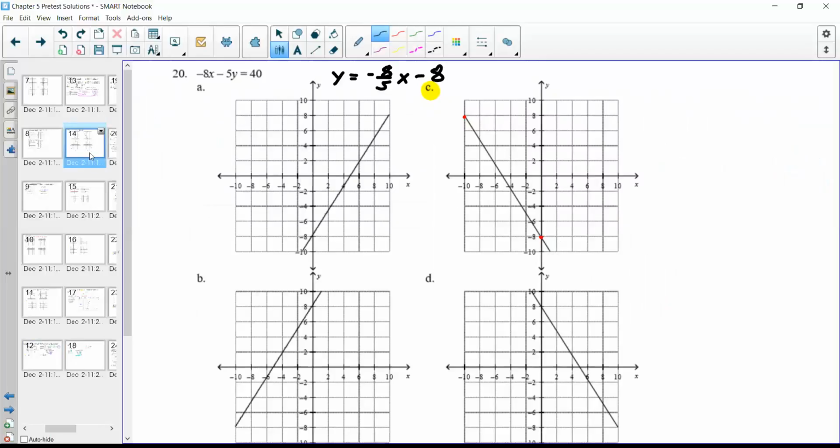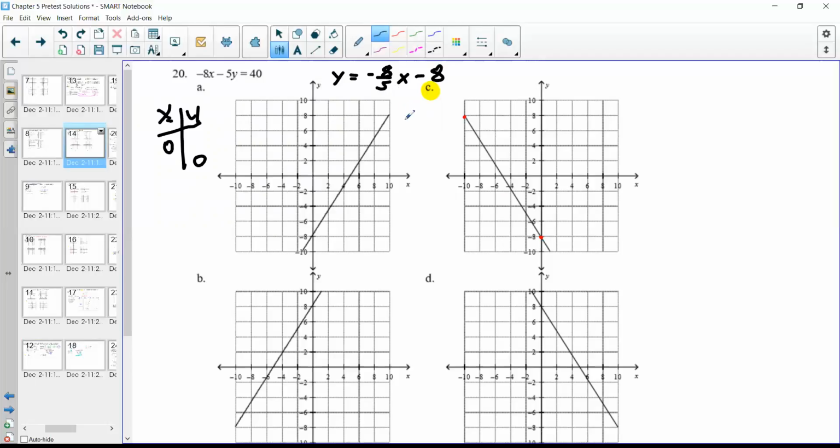Okay, so same thing here. Somebody missed this one. Again, you can make a table of x and y values, find 2 points that are going to be on the line using a table, and find the line with those 2 points. Or like I did here, I just solved for y, got y by itself, and I know that my y-intercept has to be -8, and then I have a slope of -8 over 5.